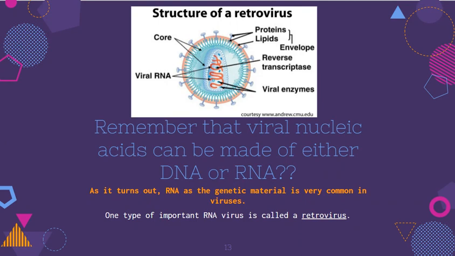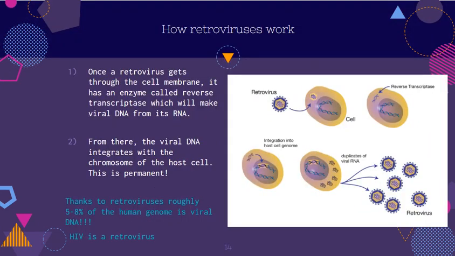Okay, so viruses can have DNA or RNA cores. RNA is pretty darn common. And one of the most common RNA viruses is called a retrovirus. Okay. And so what they do is once that retrovirus gets inside of the cell, there's this enzyme called reverse transcriptase, which is going to take the RNA and make it into DNA.